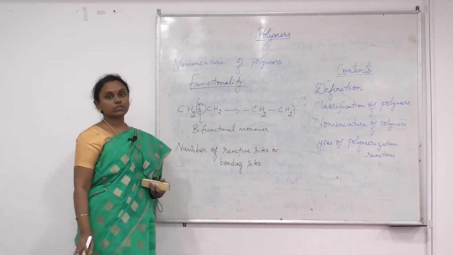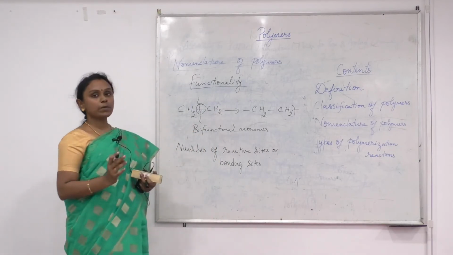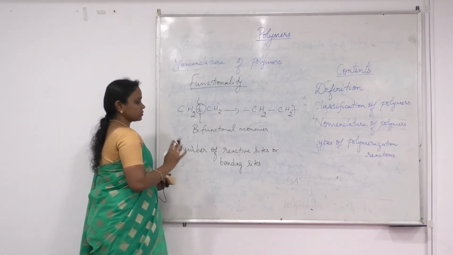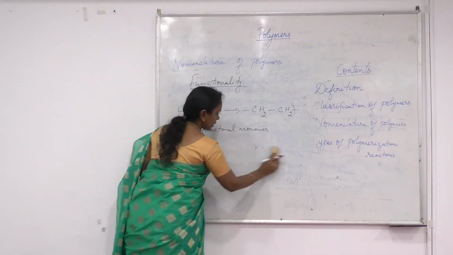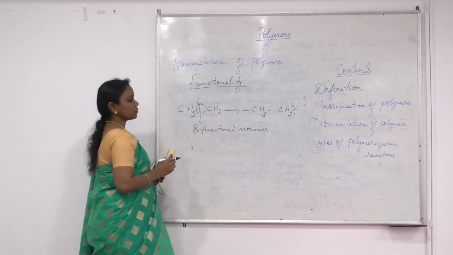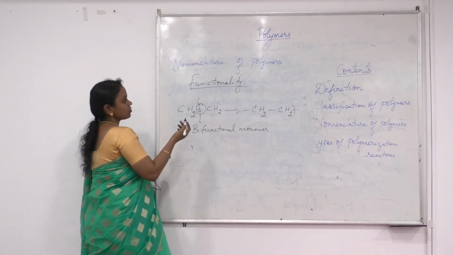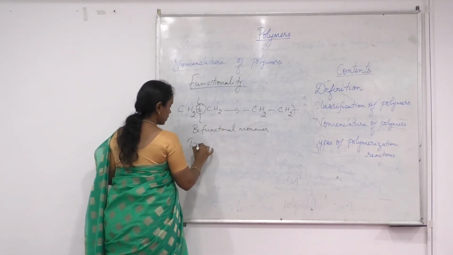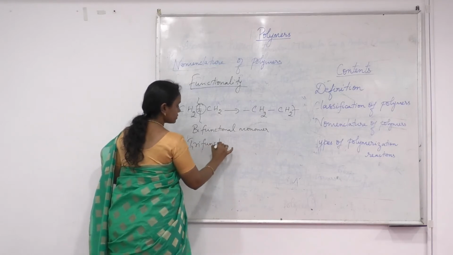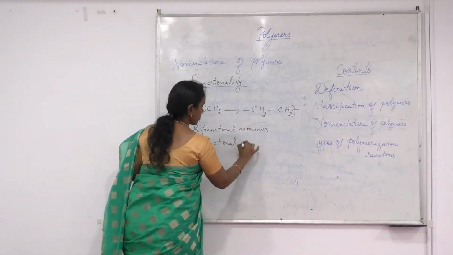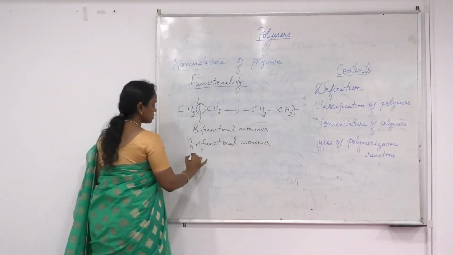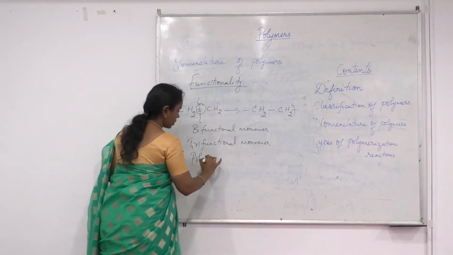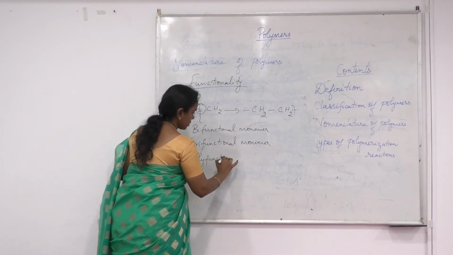For any substance to act as a monomer, it should have minimum 2 reactive sites or binding sites. If there are more than 2, then it is known as polyfunctional monomer. If there are 3 reactive sites, then it is called trifunctional monomer. If there are more than 3, then it is known as polyfunctional monomer.